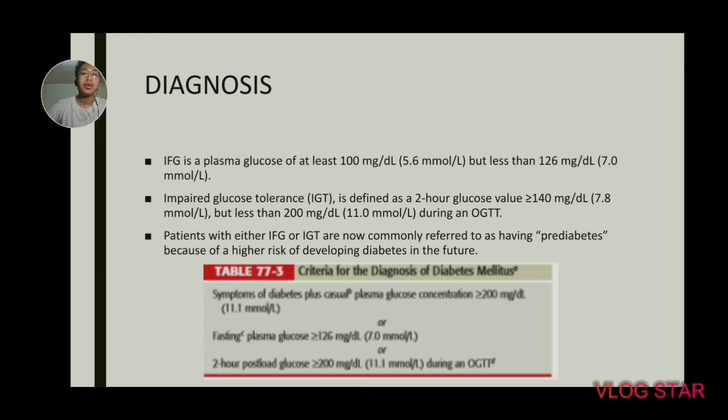IFG is a plasma glucose of at least 100 milligrams per deciliter, but less than 126 milligrams per deciliter. Impaired glucose tolerance, or IGT, is defined as a 2-hour glucose value of greater than 140 milligrams per deciliter, but less than 200 milligrams per deciliter during an OGTT, or oral glucose tolerance test. Patients with either IFG or IGT are commonly referred to as having pre-diabetes.